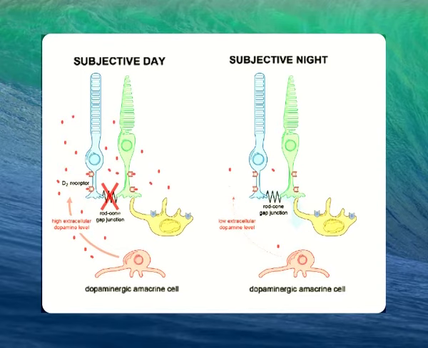This retinal dopamine acts to enhance the activity of cone cells in the retina while suppressing rod cells. The result is to increase sensitivity to color and contrast during bright light conditions, at the cost of reduced sensitivity when the light is dim.